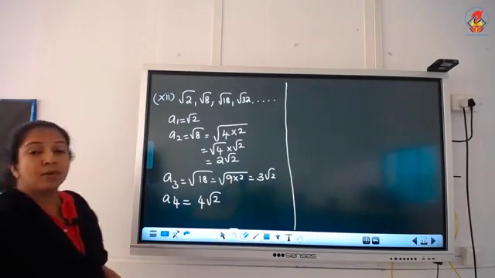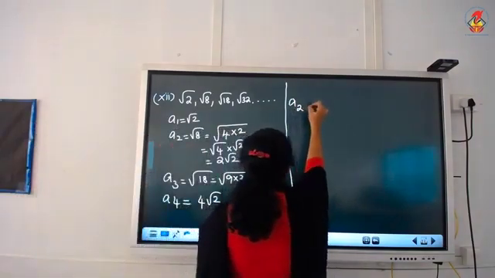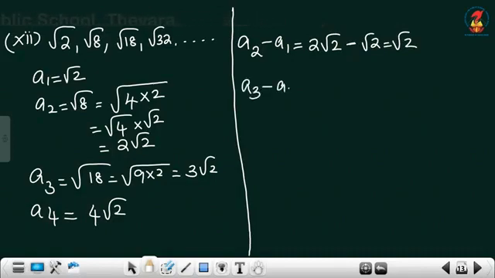Then you have to check whether this forms an AP or not. So, A2 minus A1 is equal to 2 root 2 minus root 2, which is equal to root 2. Then A3 minus A2 is equal to 3 root 2 minus 2 root 2, which is again equal to root 2.